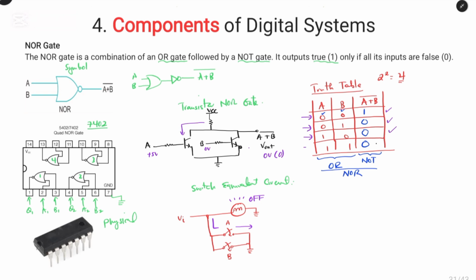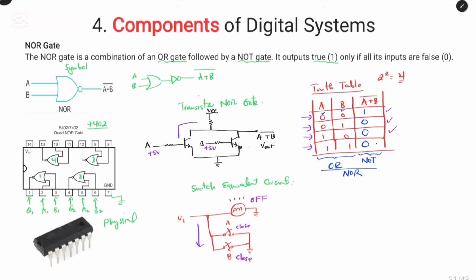And finally, the last state, both the switches are on, so we can say both are closed. Therefore, current will share equally through the switches towards the ground, and no current will pass through the lamp. Also, the lamp will be off. Similarly, apply positive 5 volts to both the inputs.